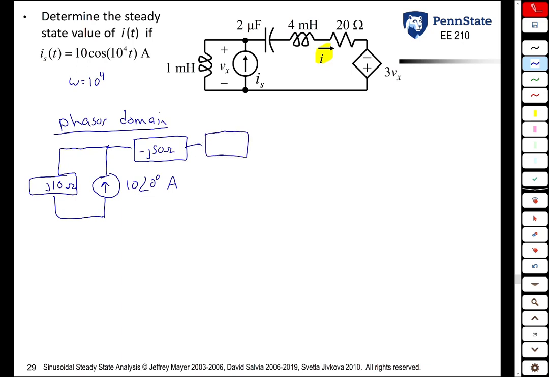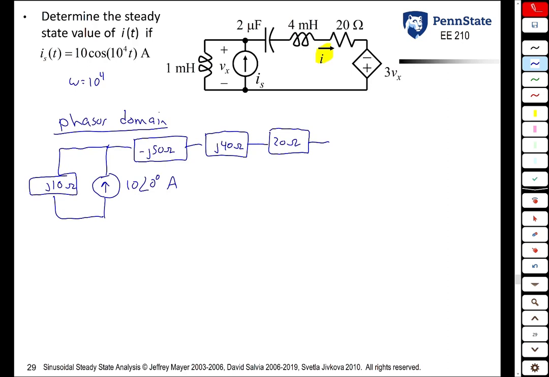This inductor here, 4 millihenry times 10 to the 4th becomes 40, so this becomes a J40 ohm impedance. And the resistor just stays the same.